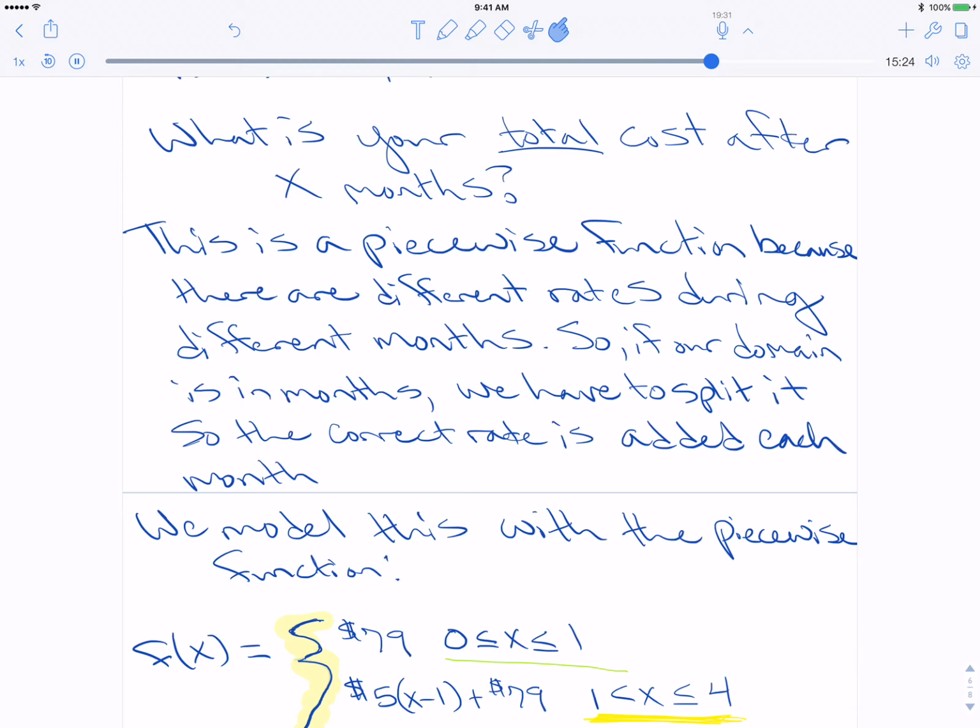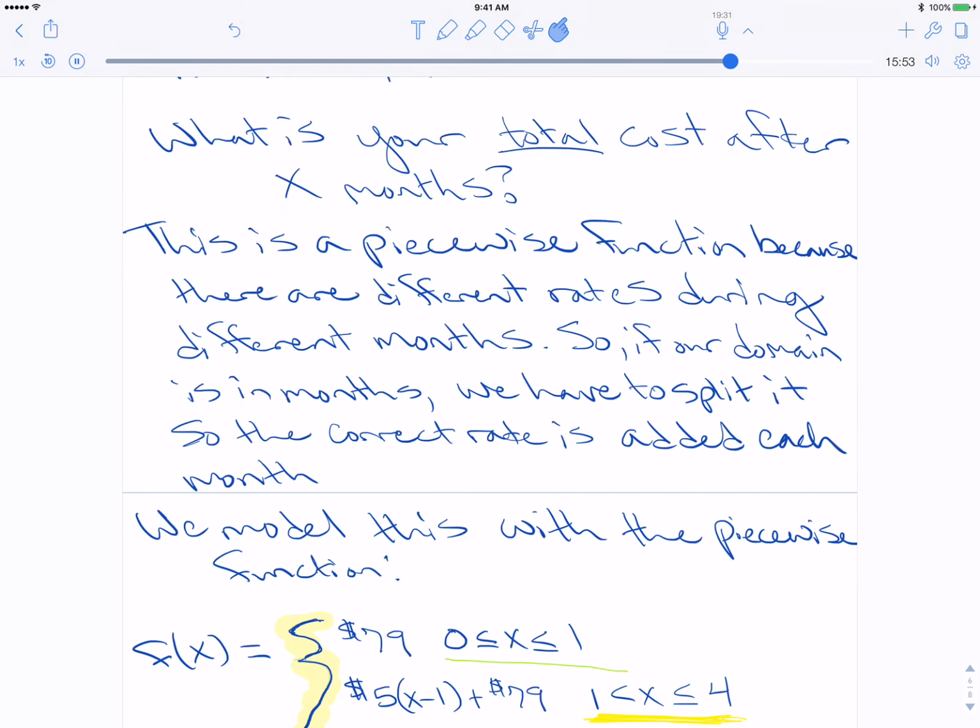So we have 5 times x minus 1 because I only pay it once per month, right? So when x equals 2, only 1 month has actually happened where I've had to pay for it. So it's x minus 1. 2 minus 1 gets me the 1. 1 times 5 is 1 month. Hooray, it's consistent. So the $5 hits first at month 2, which is when x is equal to 2.